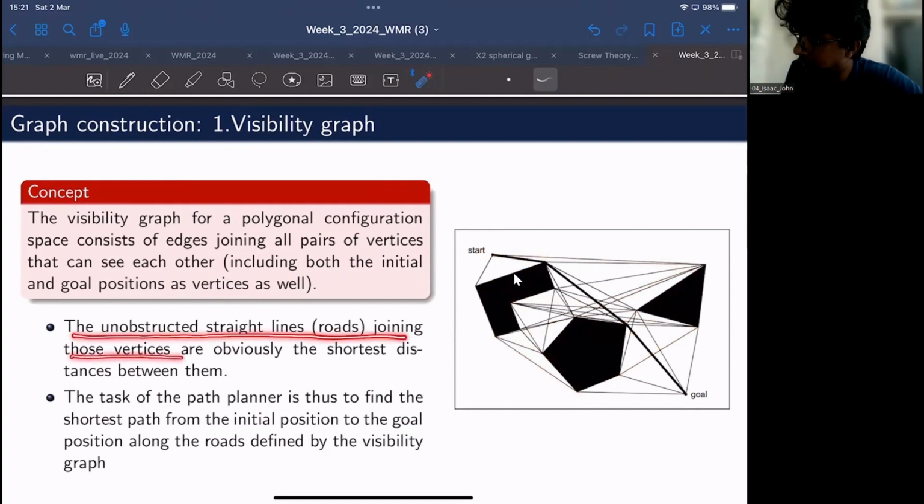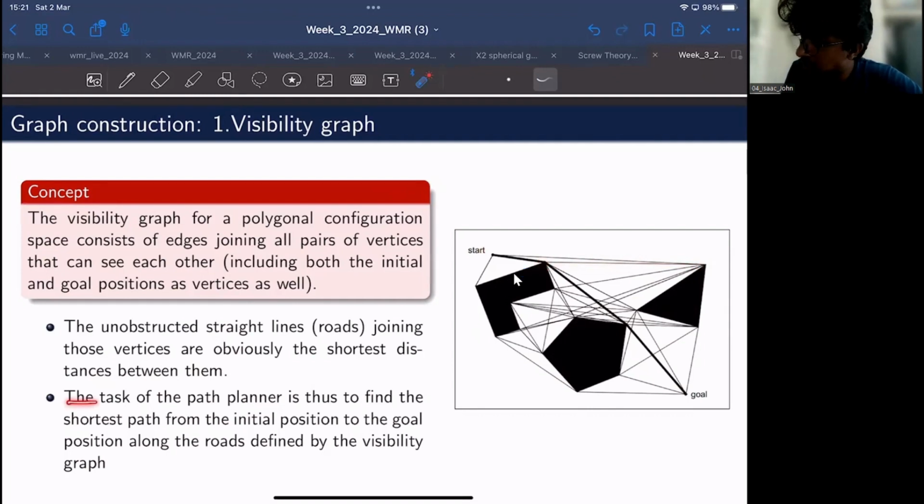These unobstructed straight lines joining those vertices are obviously the shortest distance between them. For example, if this is one vertex and this is another vertex, and you consider this to be an unobstructed line, obviously this should be the shortest distance between this vertex and this vertex, right?